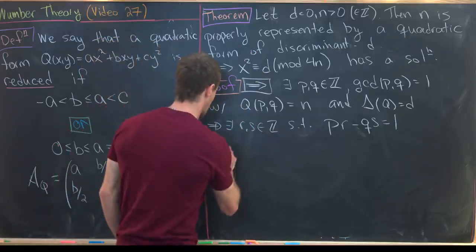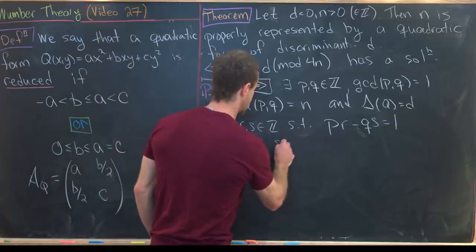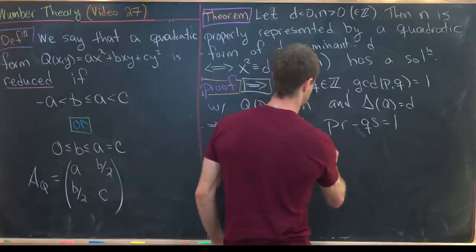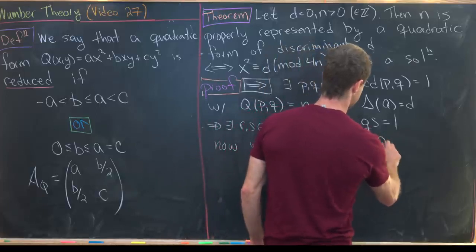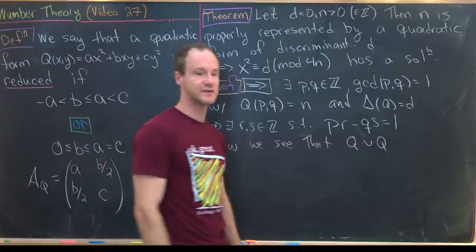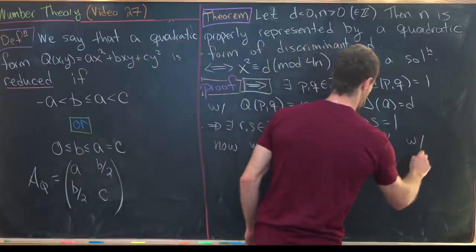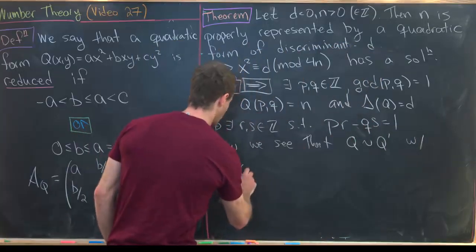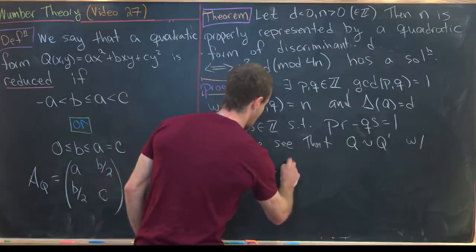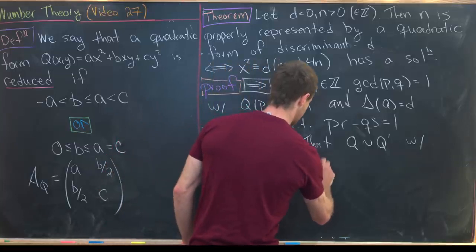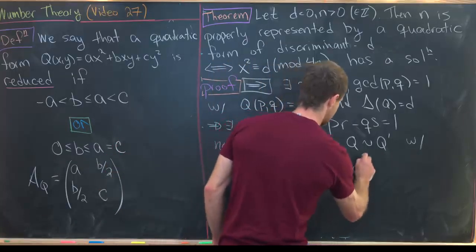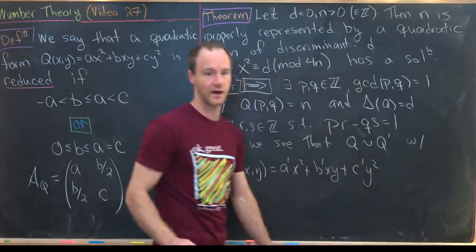And so now we see that Q is similar to something that I'll call Q prime, with Q prime of x, y equal to a prime x squared plus b prime xy plus c prime y squared.